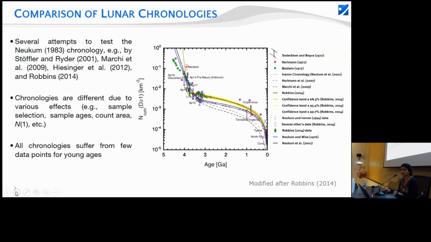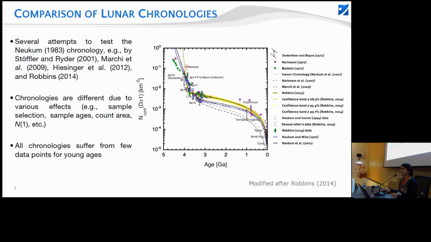We see there are now several chronology functions, and we want to see which one is the correct one. But we also see the errors that are affecting these chronology functions, and these differences depend on what sample ages were taken and how they were interpreted, what count areas were taken, and different N values.